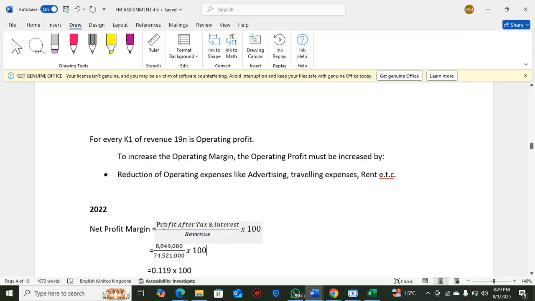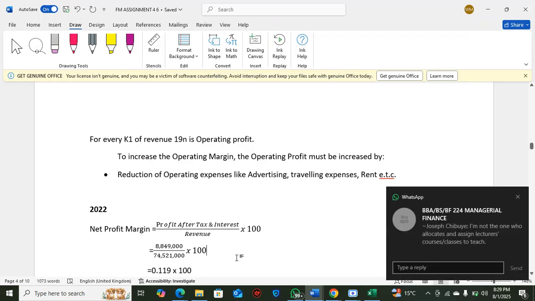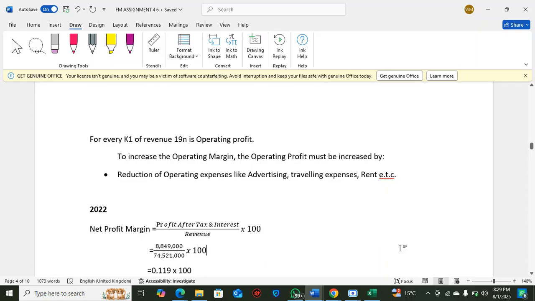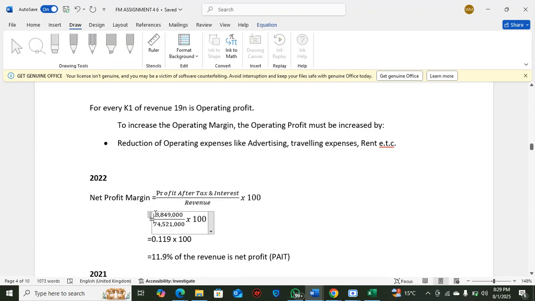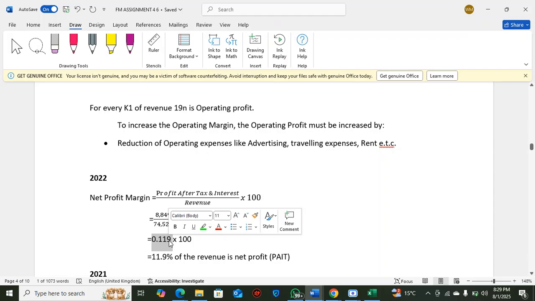Okay. So in 2022, net profit 8,849,000. Sales revenue 74,521,000. All right. So if we divide 8,849,000 divided by 74,521,000, we get 0.199.